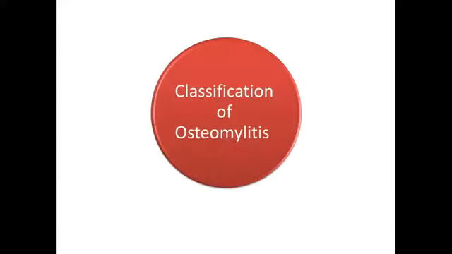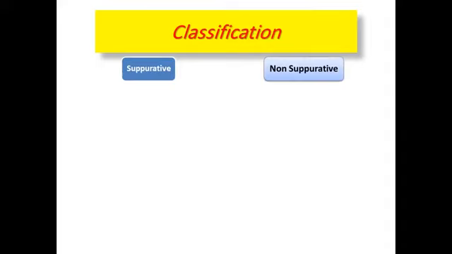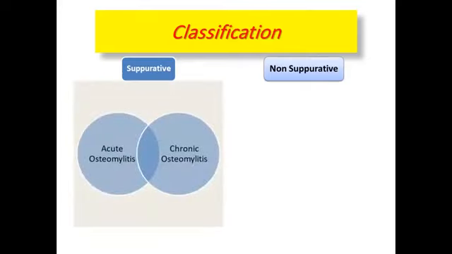Classification of osteomyelitis. There are many classification systems for osteomyelitis according to duration, causative agent, symptoms, and radiographic appearance. But in general, it is classified into suppurative, meaning caused by bacteria, and non-suppurative, meaning not caused by bacteria.